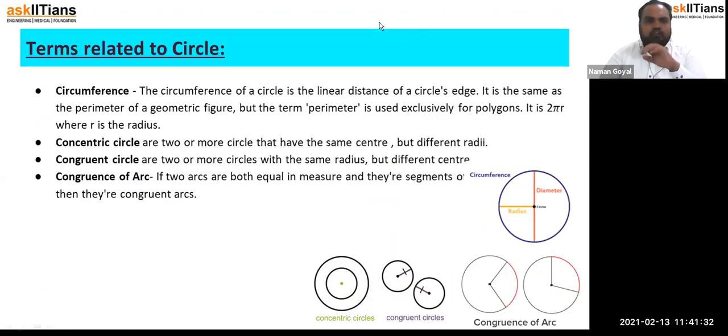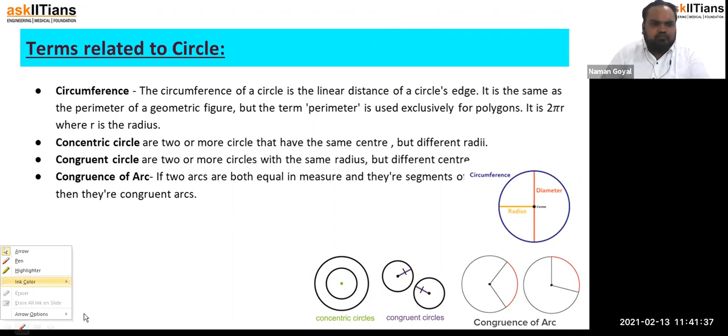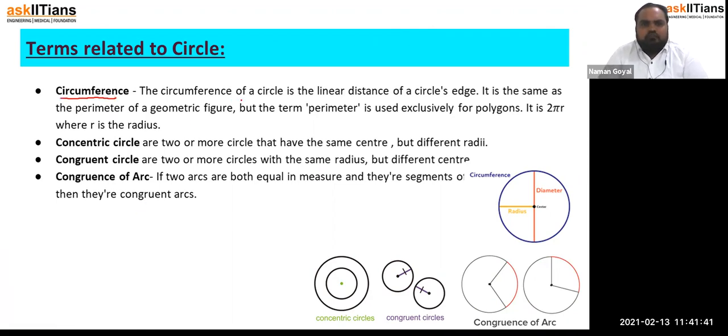Okay, now next is the terminologies, which is circumference. What is circumference? The circumference of a circle is the linear distance of the circle's edge. It is the same as the perimeter of a geometrical figure, but the term perimeter is usually used for polygons.